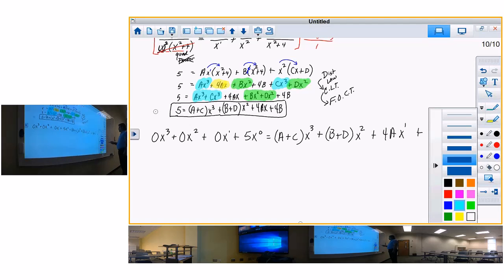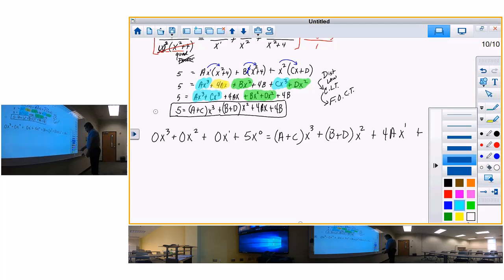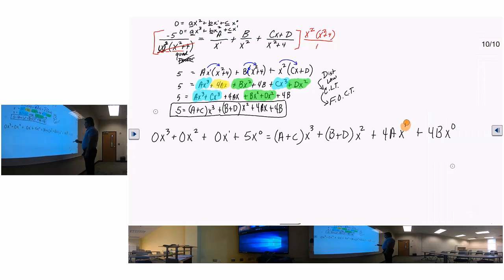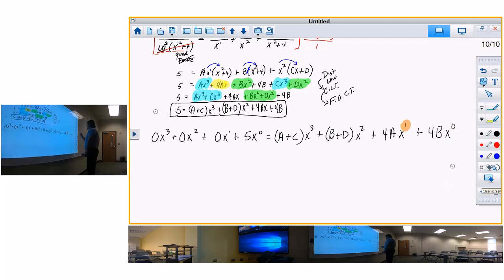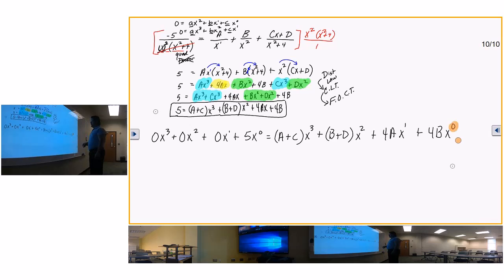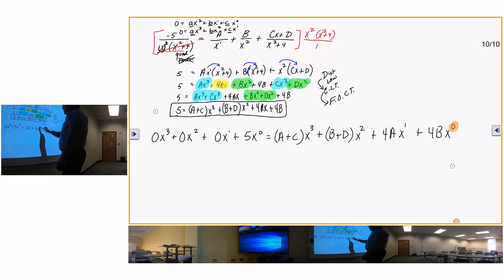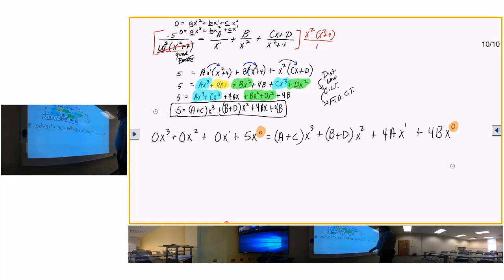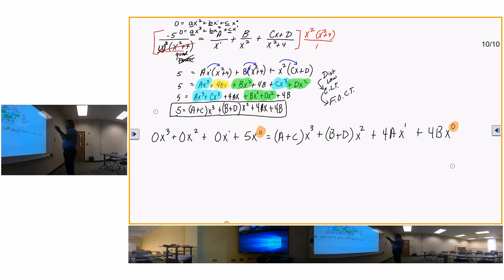Now, watch what I do here. I'm just going to use a different set of colors here. I'm going to take my orange highlighter, and I'm going to highlight this guy. I'm going to just start from the right-hand side and highlight this guy. All right, since those two variables have the same exponent, I can set them equal to each other, right?